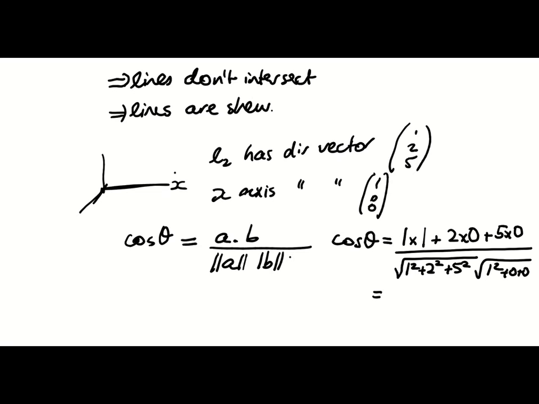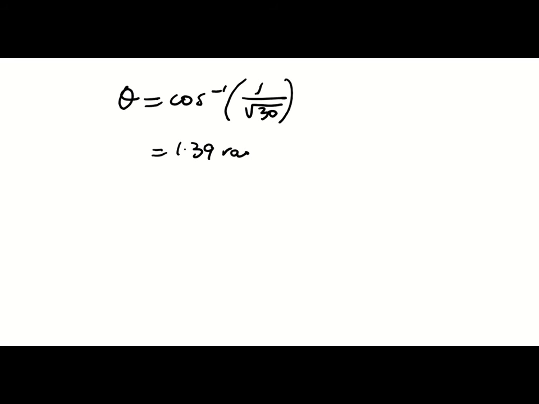And that gives me 1 over the square root of 30. So my very last step here is to say that theta is equal to cos inverse of 1 over root 30, and that gives me 1.39 radians, or if I really don't like radians, it's equal to 79.5 degrees.